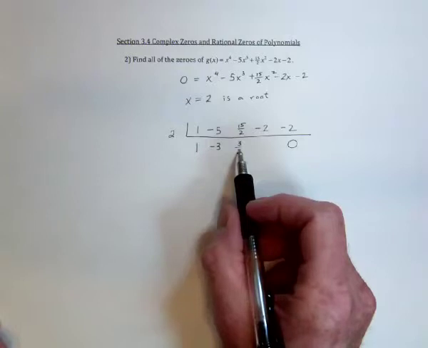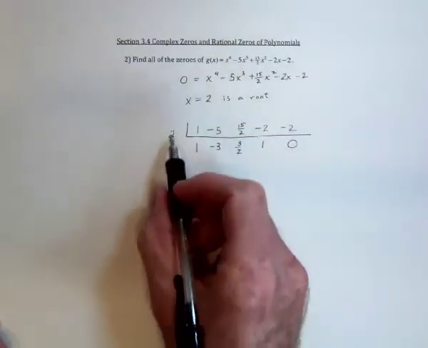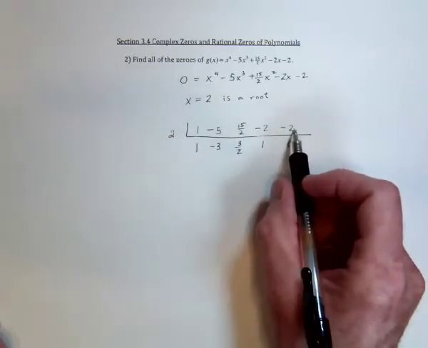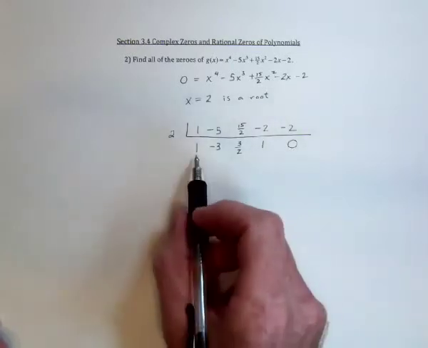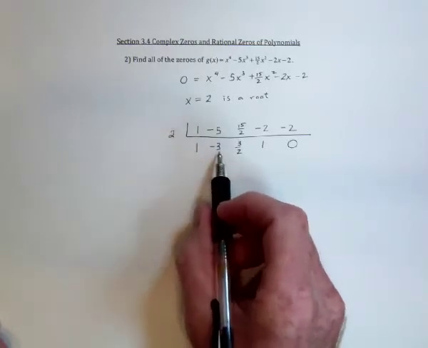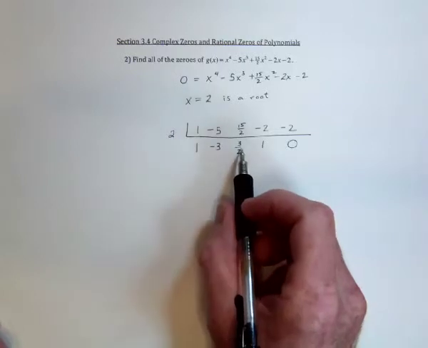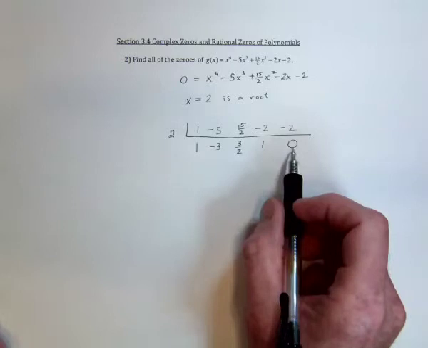Take that positive 3 and subtract 2 is a 1. And then 2 multiplied with this and added to the negative 2, sure enough, gives us 0. Now this is going to be a polynomial function x cubed, negative x squared, an x term, a constant, and a remainder of 0.